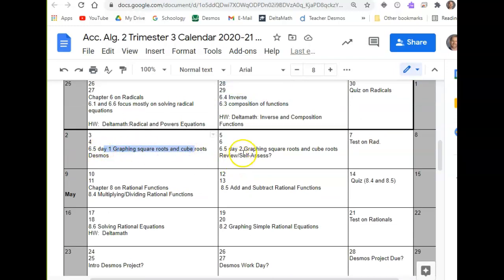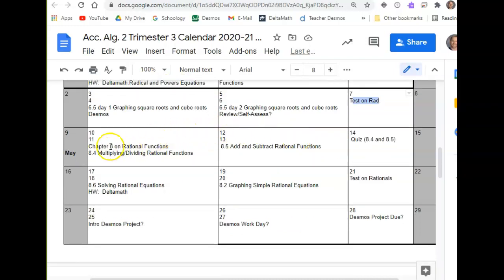We're going to do a Desmos activity and graphing with square root and cube root functions. Then we have a mini test. This isn't going to be as big as most tests because we're only spending just a couple of quick sections on this. And then we've got the last unit, which is chapter 8. And we're going to cover 4 days on chapter 8 with a quiz and a test.